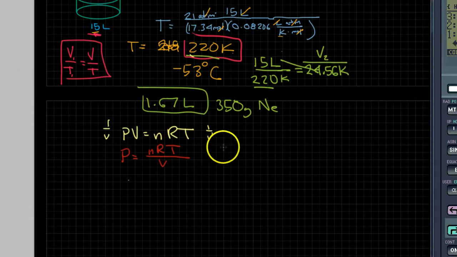Okay, so pressure is going to be equal to the number of molecules, and we're doing that in moles.